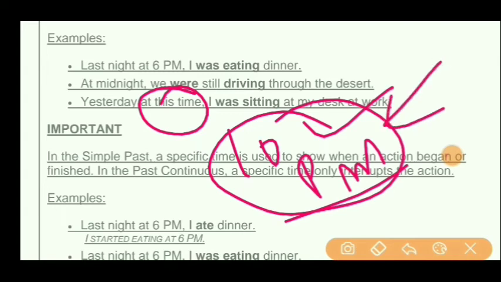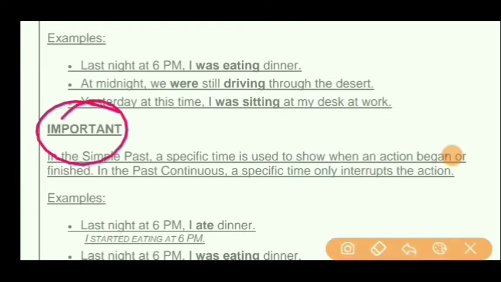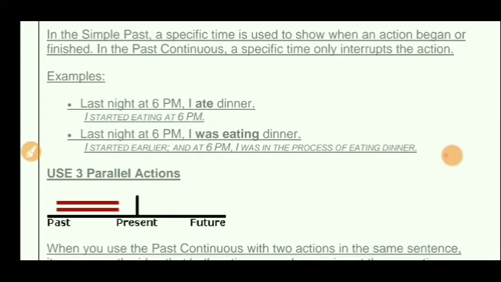Now see some other important point. In the simple past, a specific time is used to show when an action began or finished, but in the past continuous, a specific time only interrupts the action. See here, last night at 6 p.m. I ate dinner.